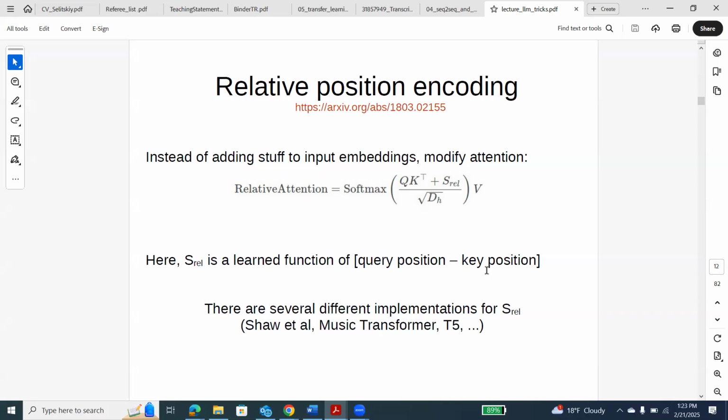In BERT, they used pre-trained positional encodings. So they just trained these positional encodings during training of the large language model, and then used those pre-trained vectors, just adding them to the input tokens in the first version of BERT.